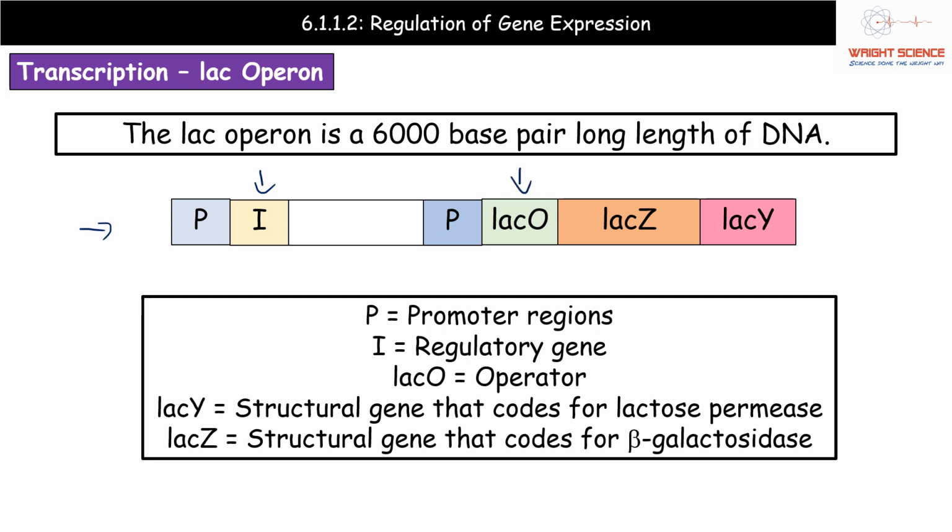We've got lac-O, which is the operator, and lac-Z and lac-Y, which are both structural genes. Lac-Z is going to be coding for beta-galactosidase, which is an enzyme, and lac-Y is going to be coding for lactose permease. So we've got two structural genes, both coding for an enzyme that has a particular function. Lac-O is the operator region, and then the I, the regulatory gene.